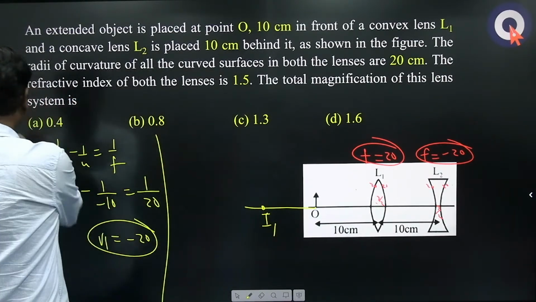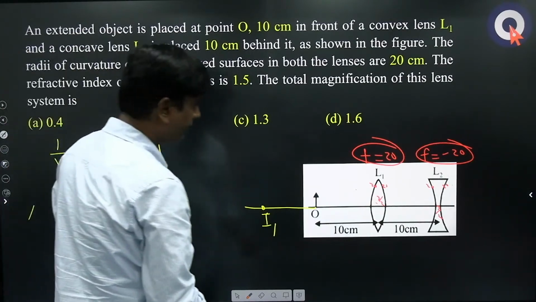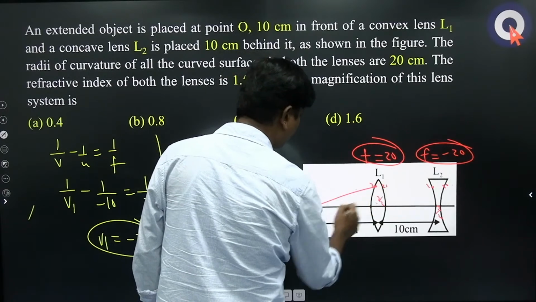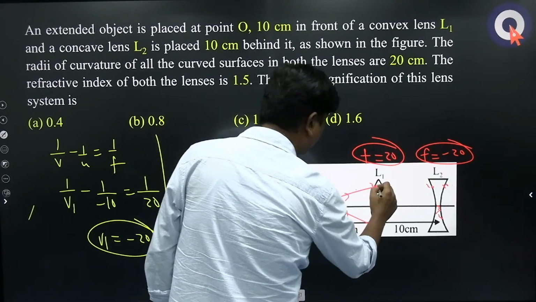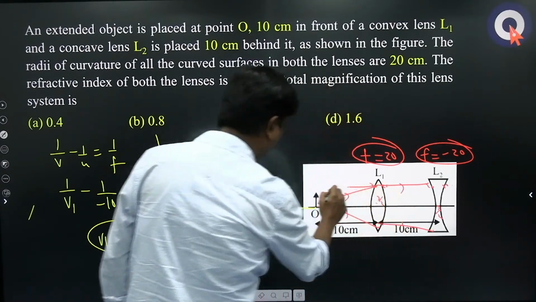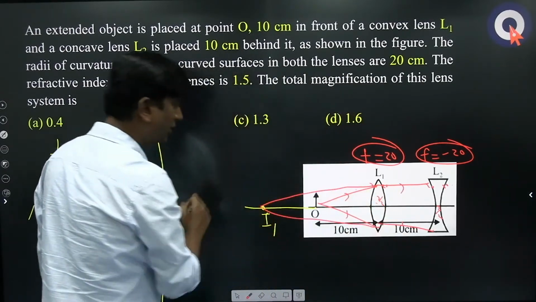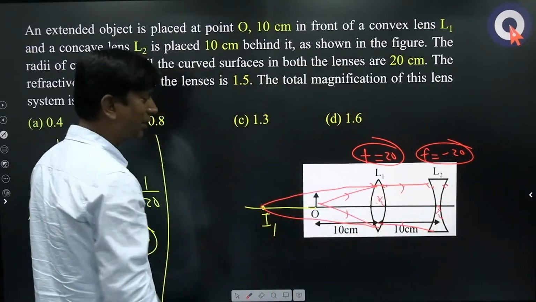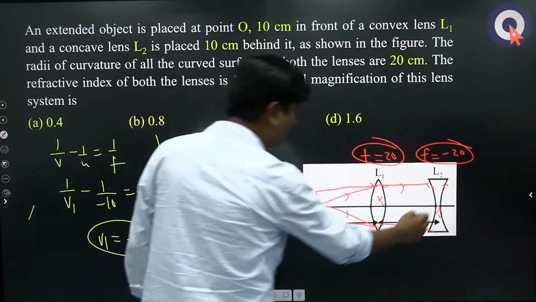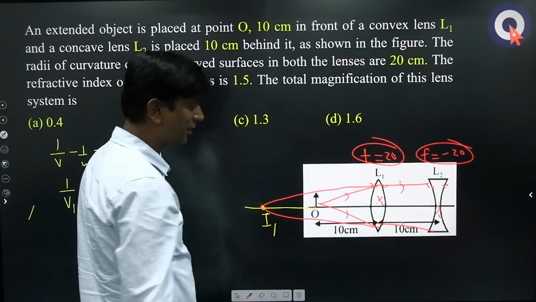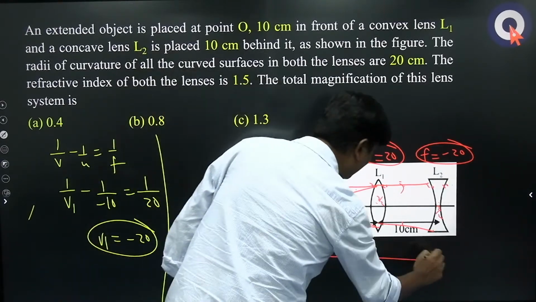Because if you observe these rays, first you will get diverging rays and they will become less diverging. Diverging only, but less diverging, as if they are coming from here. So for this concave lens, these rays are actually coming from here. It will have a feeling that these rays are coming from here, as if a real object is kept here. So what is this distance now?